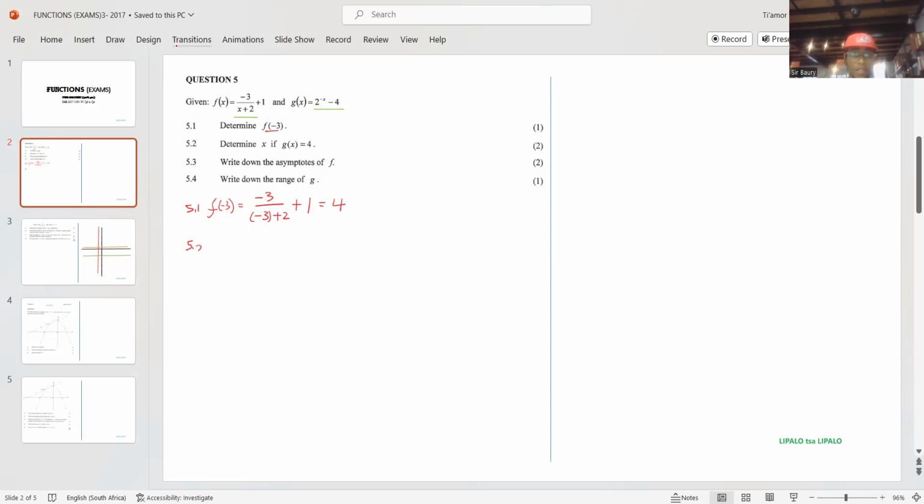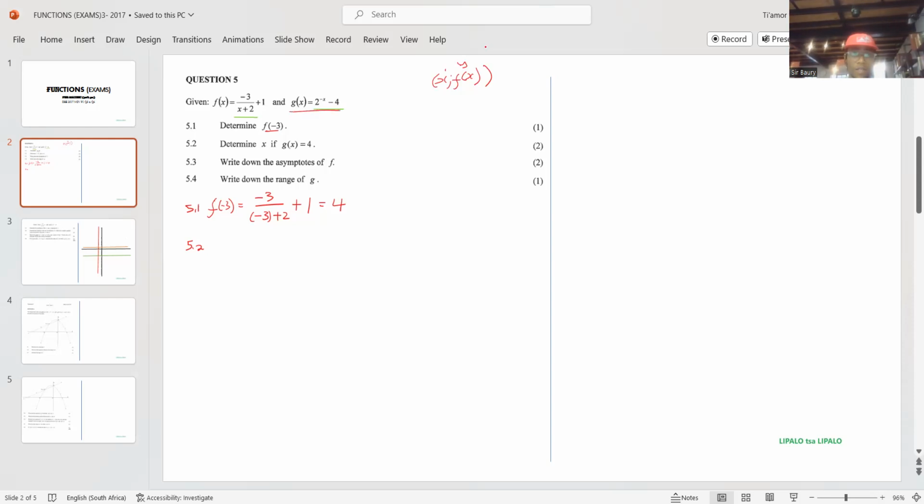Getting to the second question, determine the value of x when y is 4. Remember, if they give you coordinates, it is always x, then y. So my y is equal to 4.